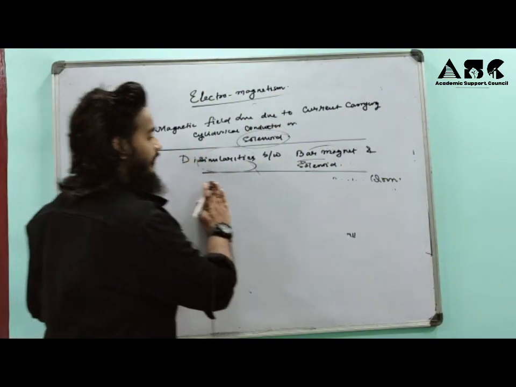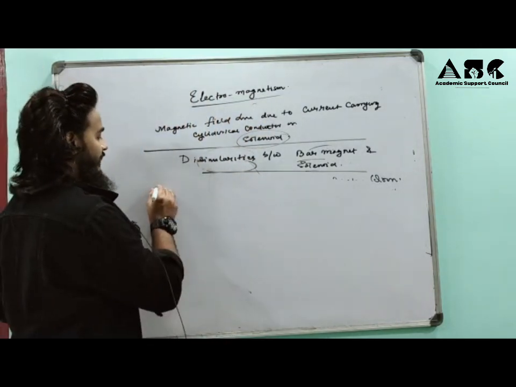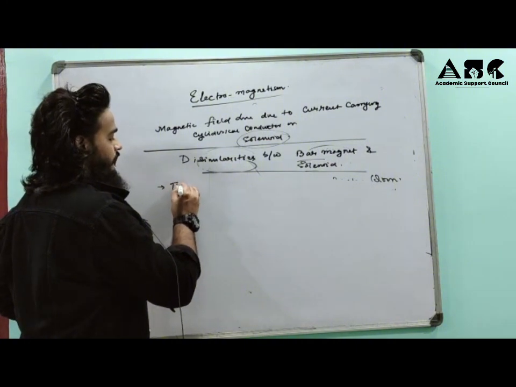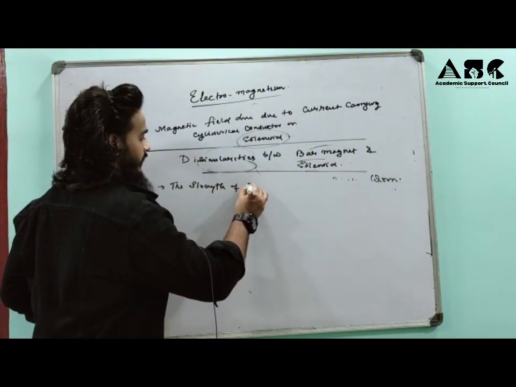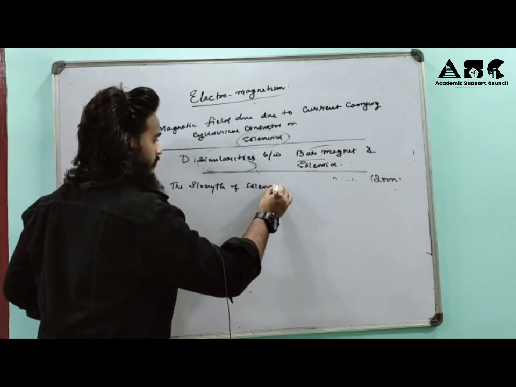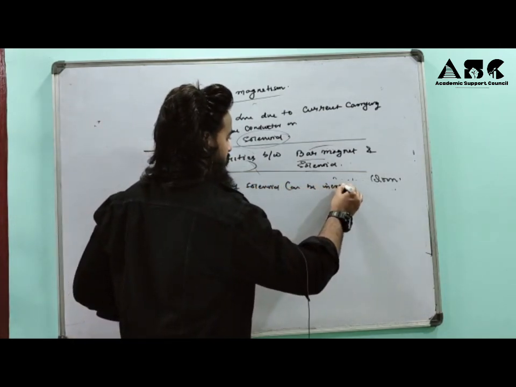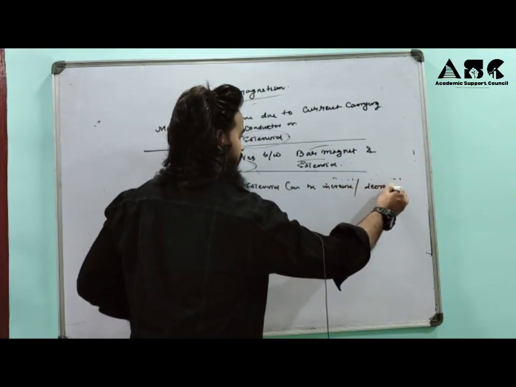So now you tell me what are the dissimilarities between the bar magnet and solenoid. Remember that the strength of a solenoid can be increased or decreased.